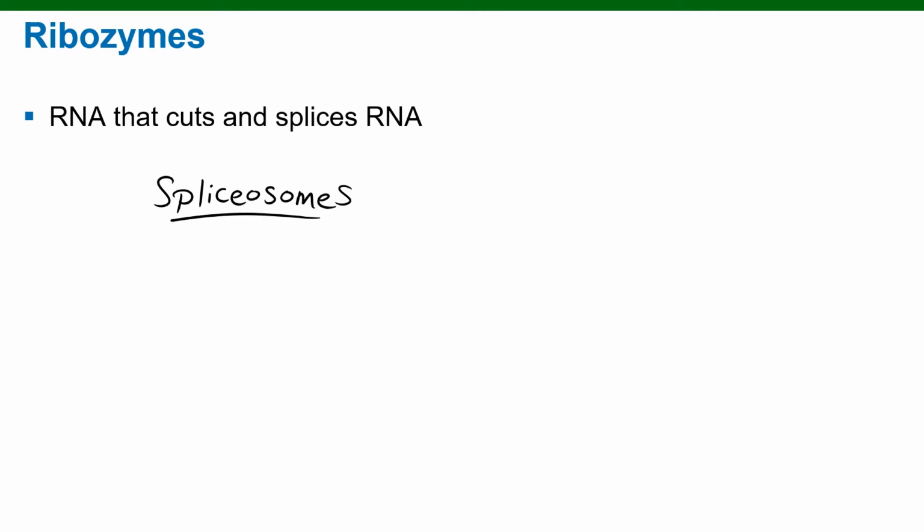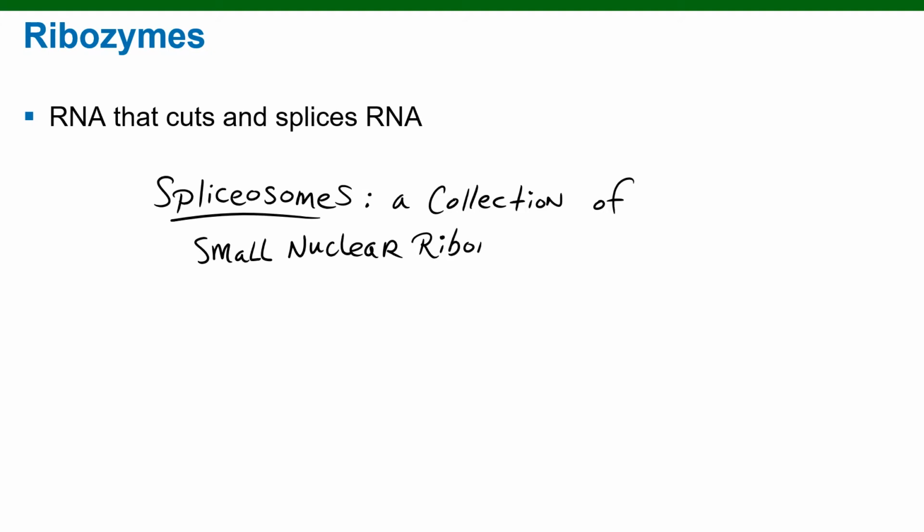Spliceosomes are defined as a collection of small nuclear ribonuclear proteins, and the abbreviation for these is snRNPs, sometimes casually referred to as snurps.